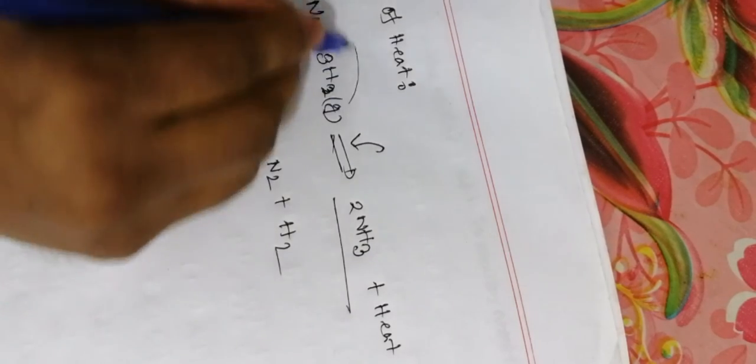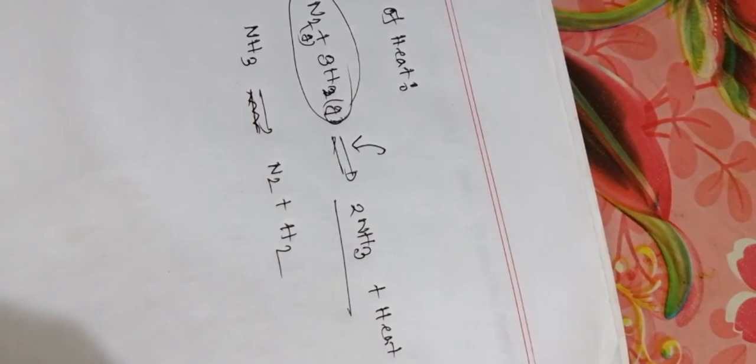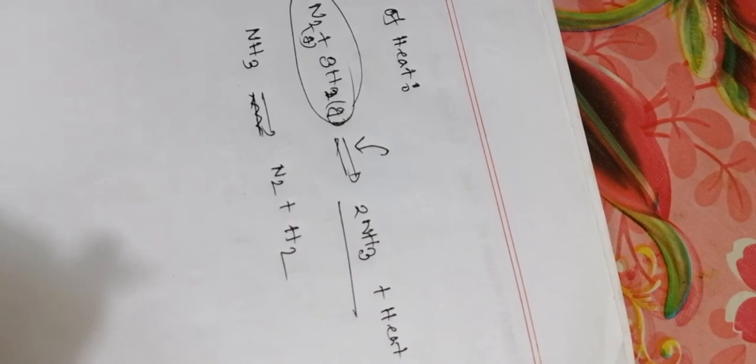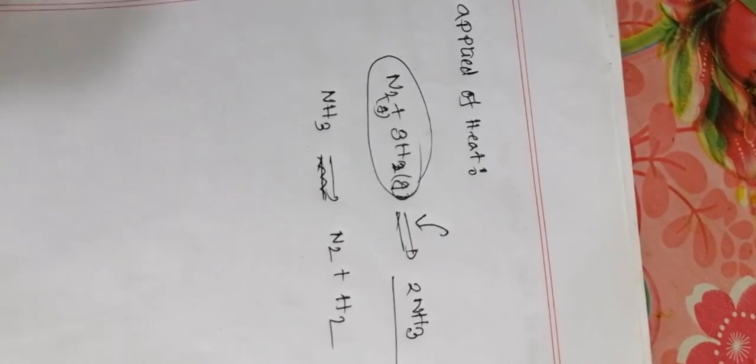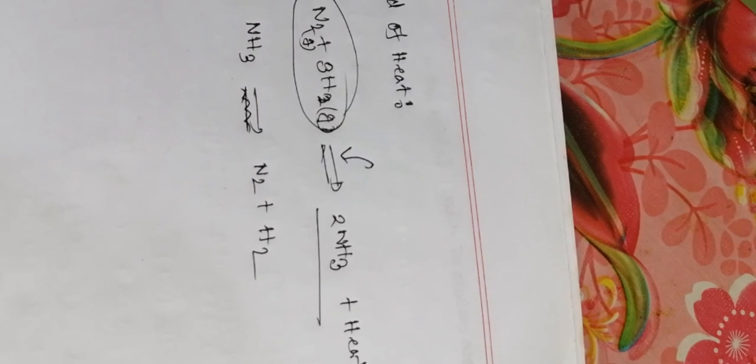If we withdraw some heat from that reaction, the forward reaction is increased and production of ammonia is increased. Here we discuss the change of heat in an equilibrium reaction.